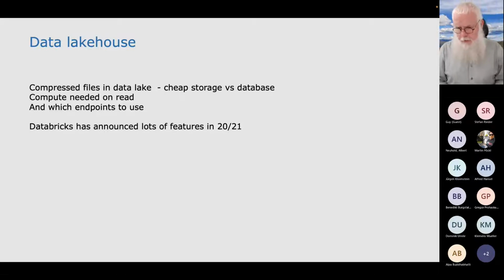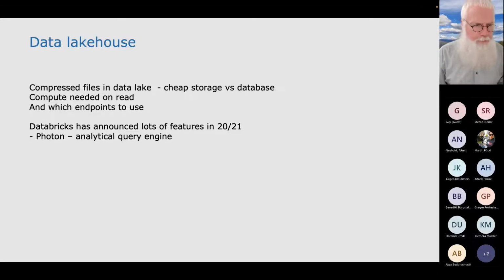Databricks, being the inventors of the data lakehouse, have announced a bunch of features in 2020, 2021, and 2022 to grow from what Databricks used to be, which was a containerized Spark engine provider for big data and data science stuff, to being a data platform to align with their data lakehouse architecture.